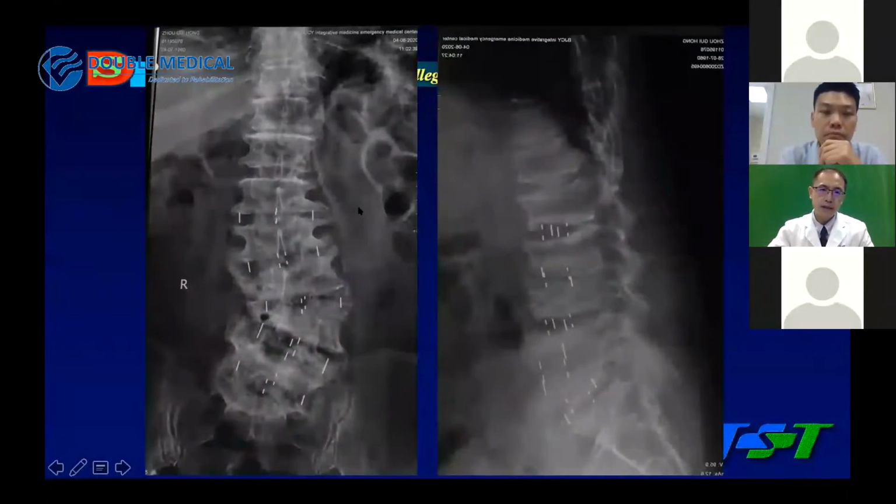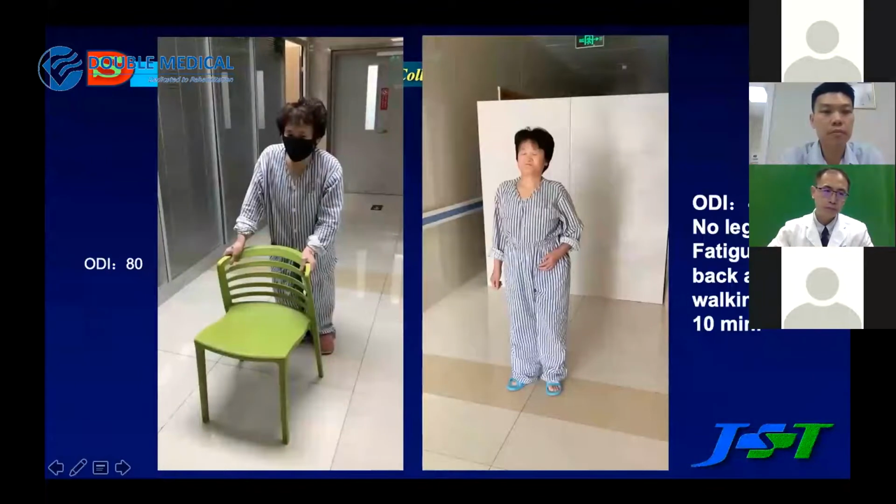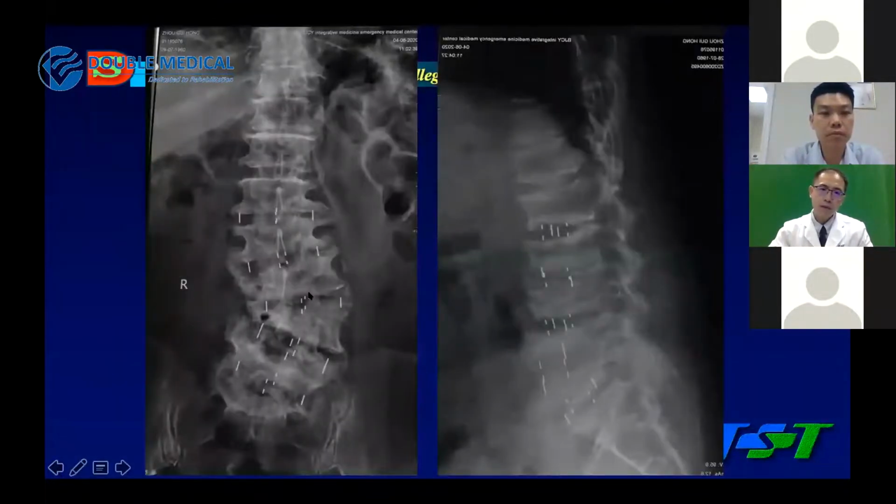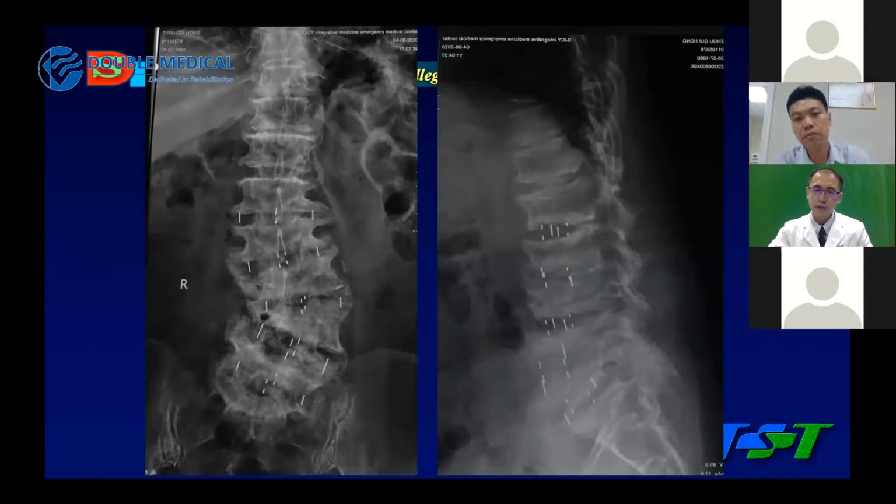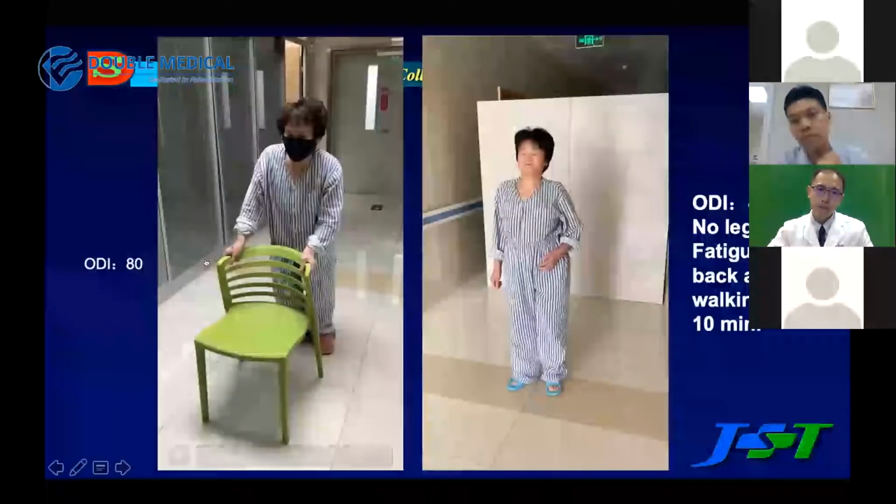This is a post X-ray film after OLIF from L1 to S1. We can see that the lumbar spine is still a little bit straight, without a good lordosis.